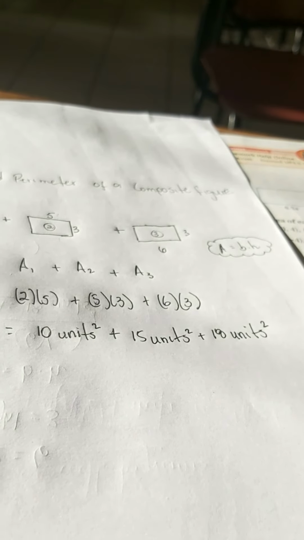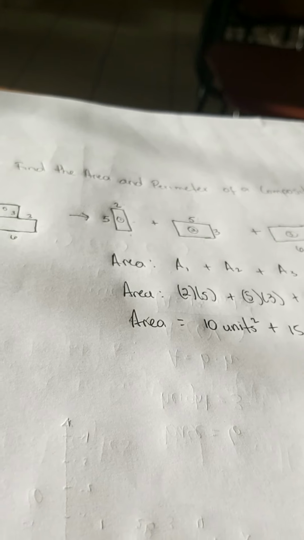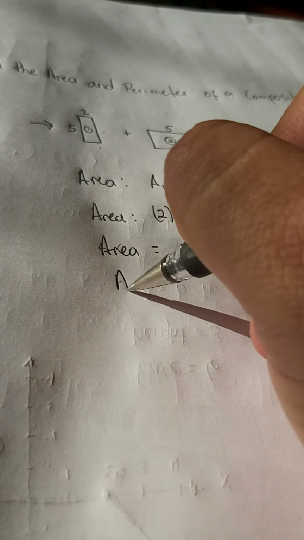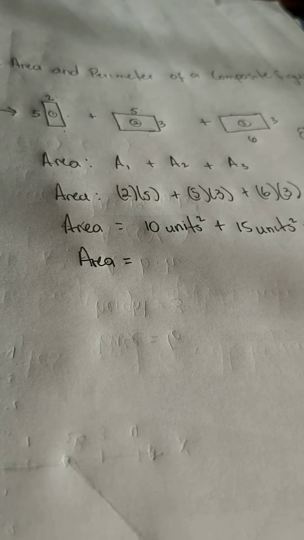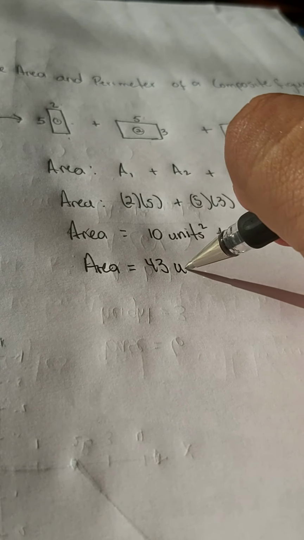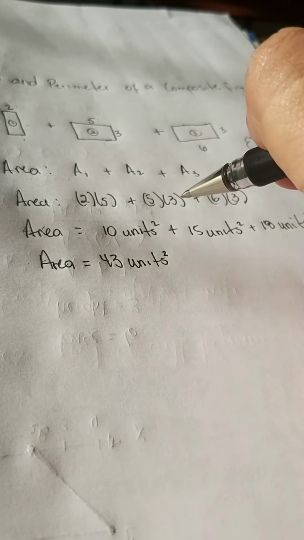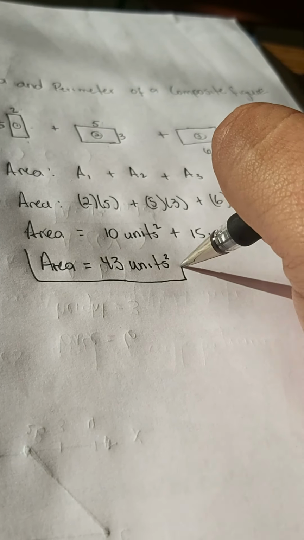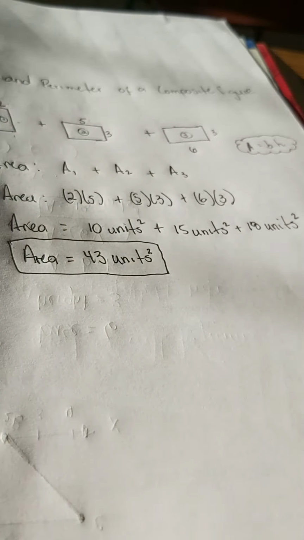Now all we have to do is add 10 plus 15 plus 18. The area of that figure will be 43 square units. So that's the area for our composite figure.